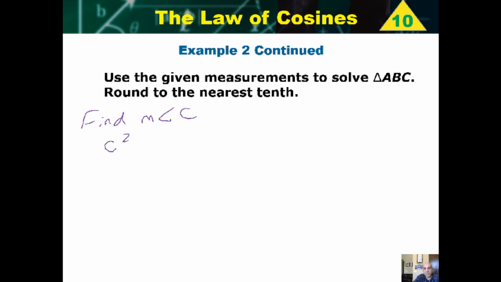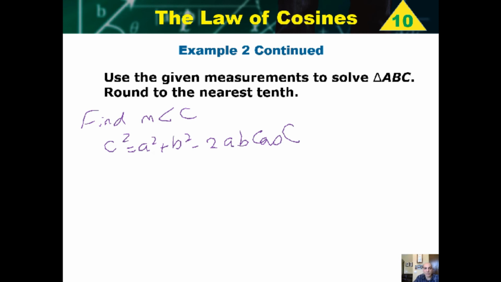So perhaps starting with c squared equals a squared plus b squared minus 2ab cosine of the angle between them, which is cosine C. And again, I'm just going to shuffle things around.